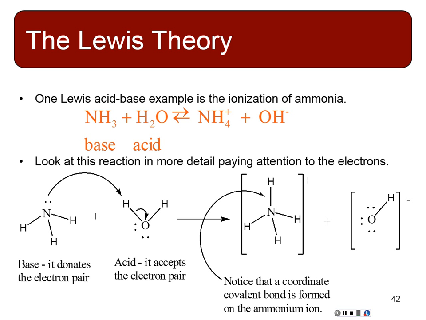It still donates a proton and accepts a proton, so you still get the same answer. It's just looking at the electrons. If you think about it as your acid donates a proton and your base accepts, it's still the same thing. As in Bronsted-Lowry, we're just showing it with respect to electrons and how they move.